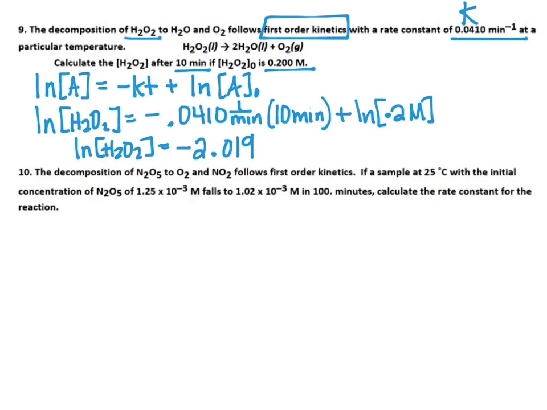So now let's solve for the natural log. So we're going to take e raised to that, right? And that leaves me with H2O2. And then take little e to the power of negative 2.019.